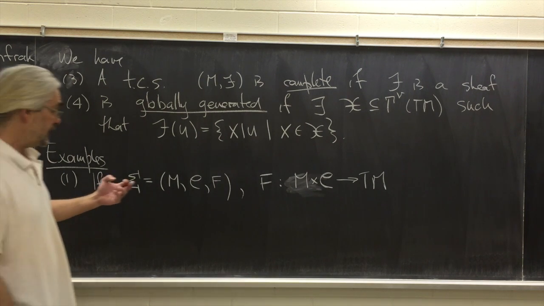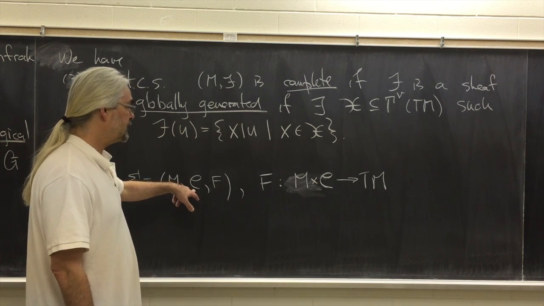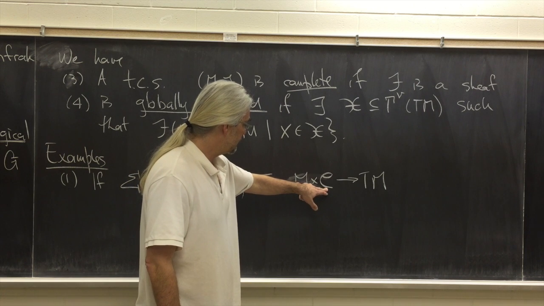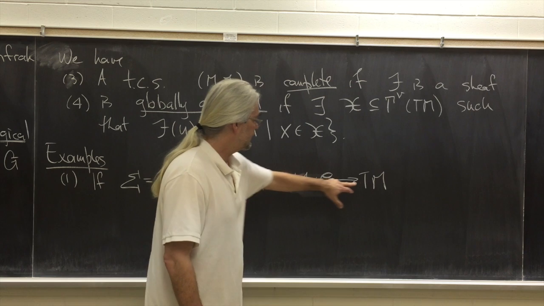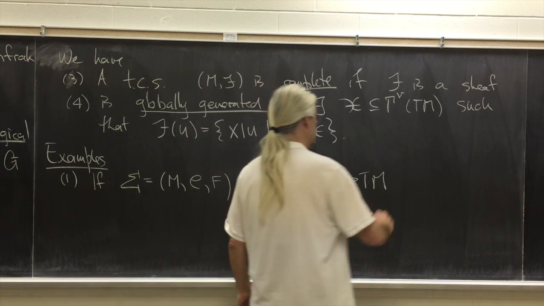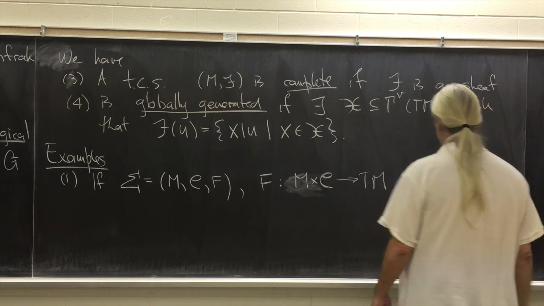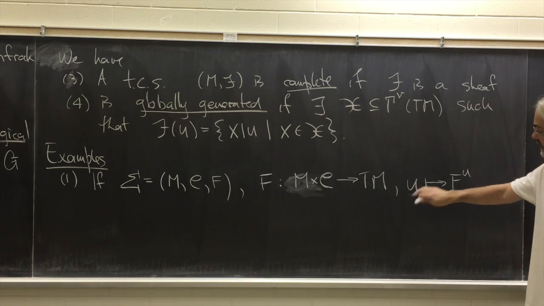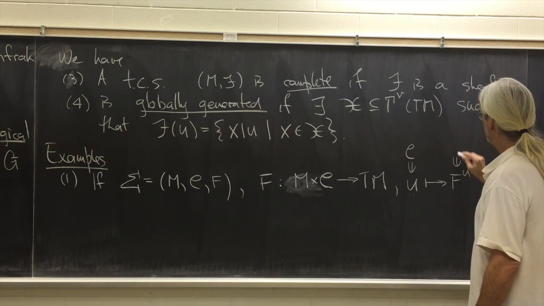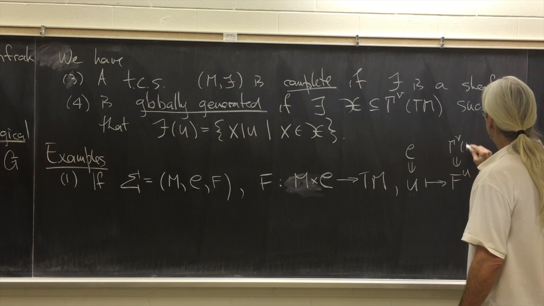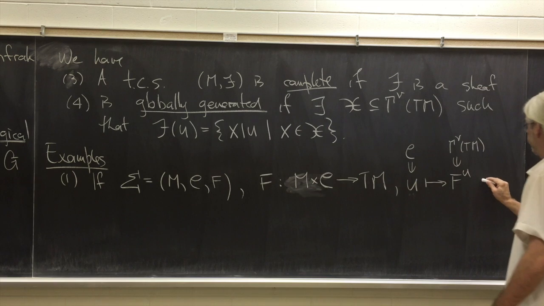And so for a fixed element little u of the control set, so that means fixing this argument, then you're going to have a vector field, because of course this is going to map x to the tangent space at x. And we require that this mapping from C into the space of C nu vector fields is continuous.